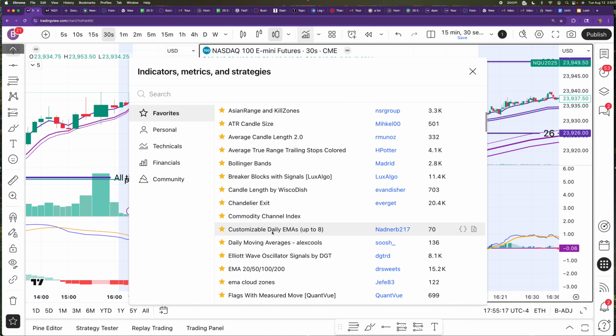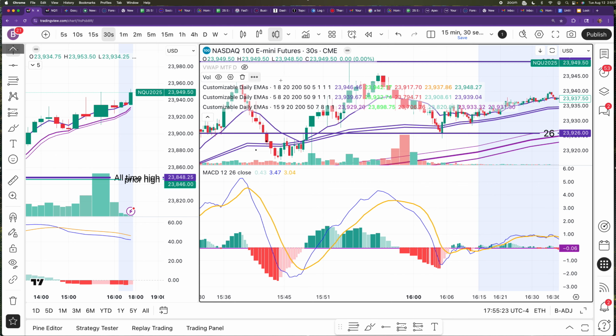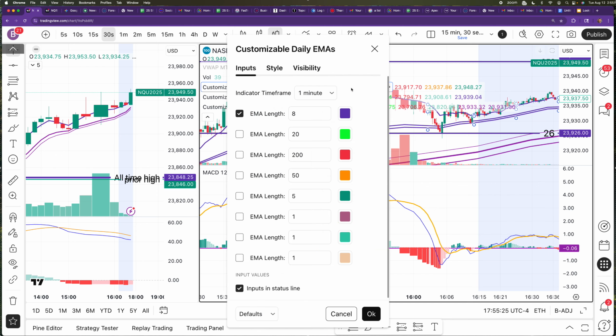That's the one I like to use. The reason I like to use that one is because when you program that indicator, you can decide what time frame that indicator is acting on, even though you may not have that time frame on your chart.